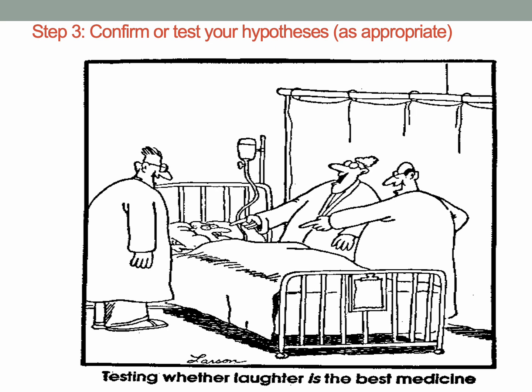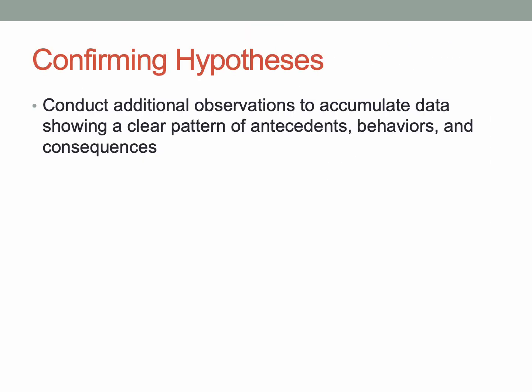There are several ways to do it, but in real life, as a teacher practitioner, you can conduct additional observations to accumulate data showing a clear pattern of the antecedent, behavior and consequences you identified. So you will see if the ABC is reoccurring over and over and over to confirm your hypothesis.